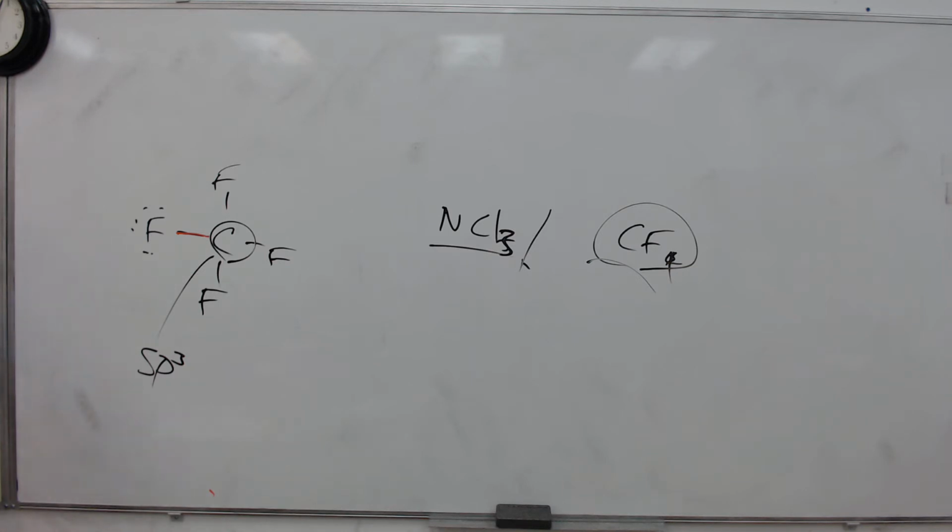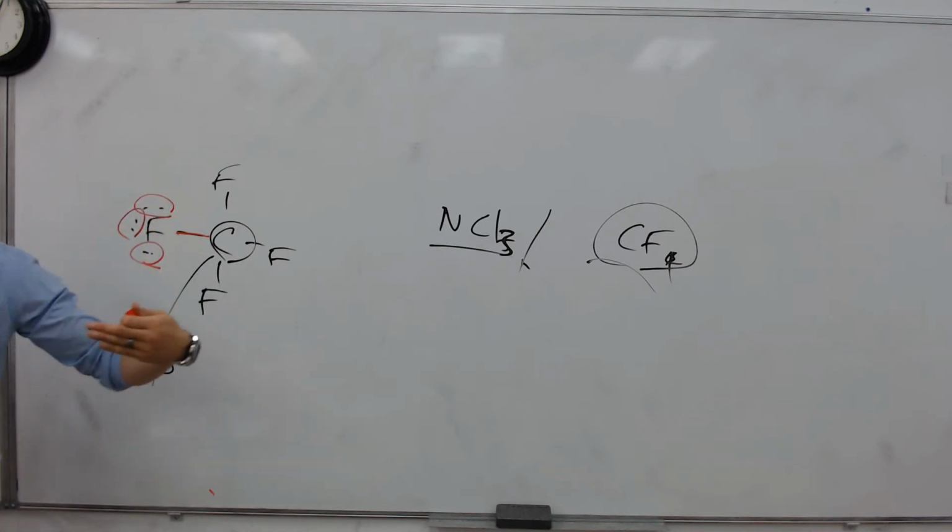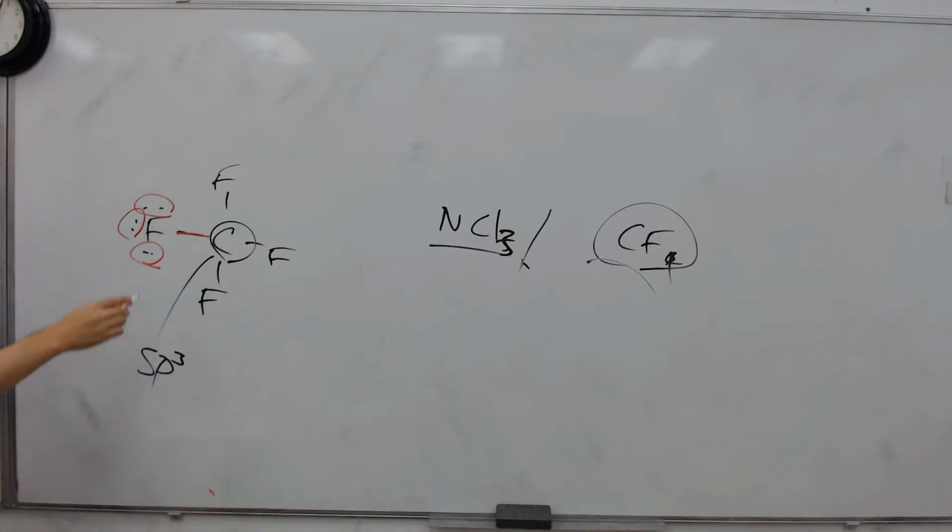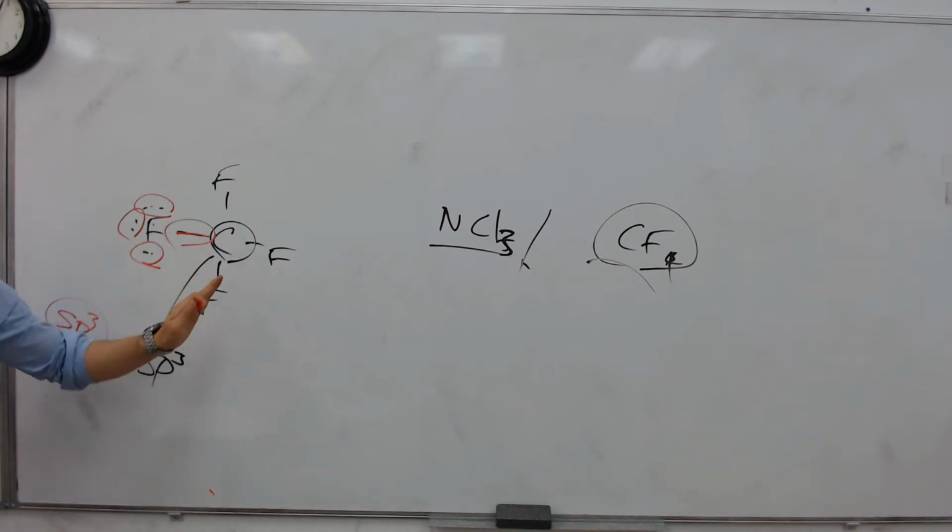Keep in mind, some textbooks say the fluorine is also hybridized into sp3, which means this bond is sp3 of the fluorine with sp3 of the carbon. I'm not kidding, that's what they say.